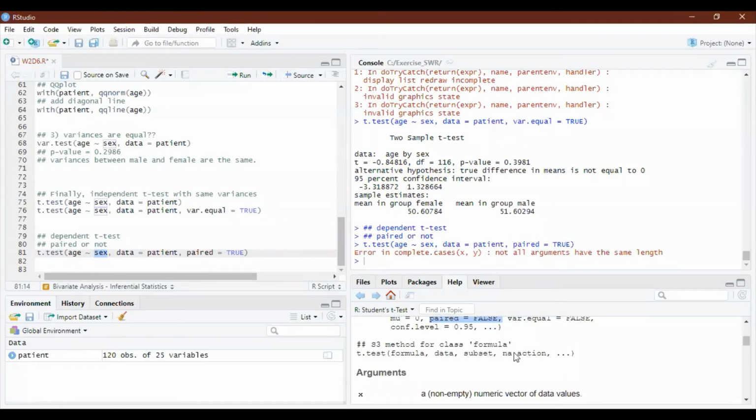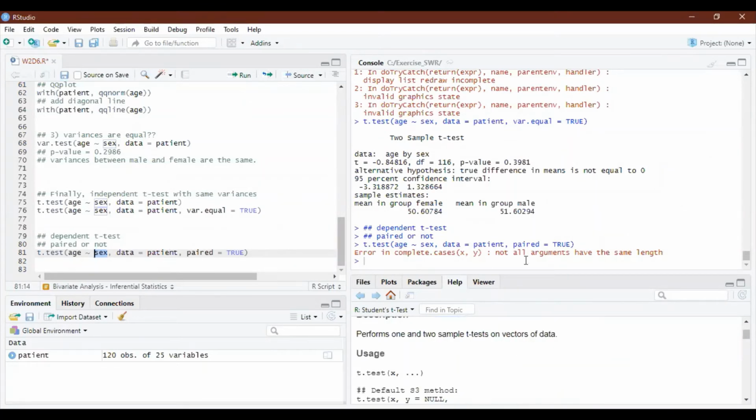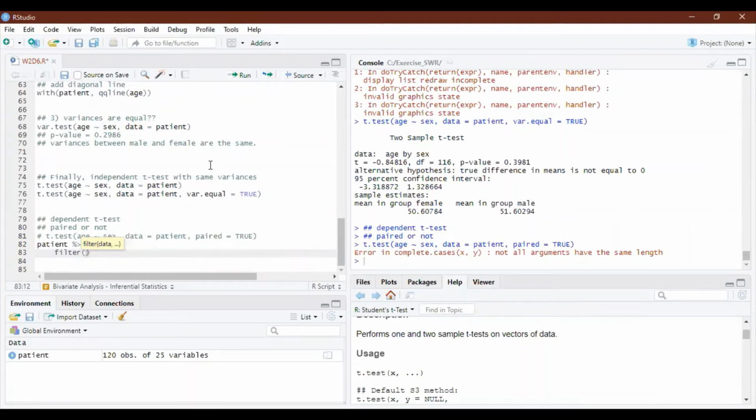So actually, we need to remove this missing value before we do this. Because this one gives us an error, we will comment it out. One way to do this is to filter. We do not want age to be a missing value.